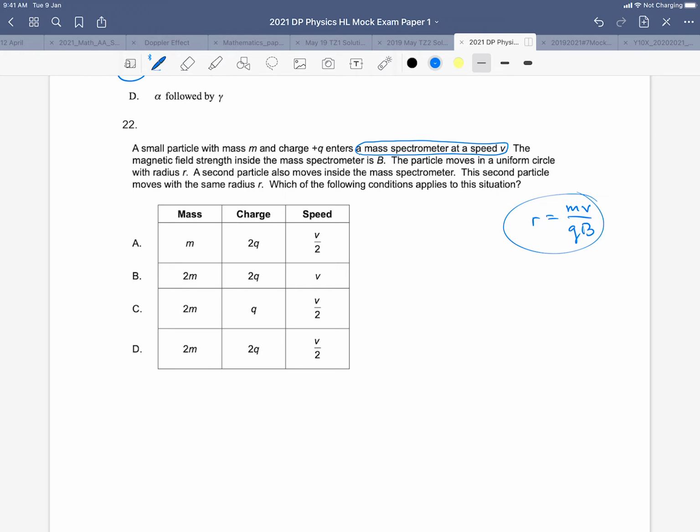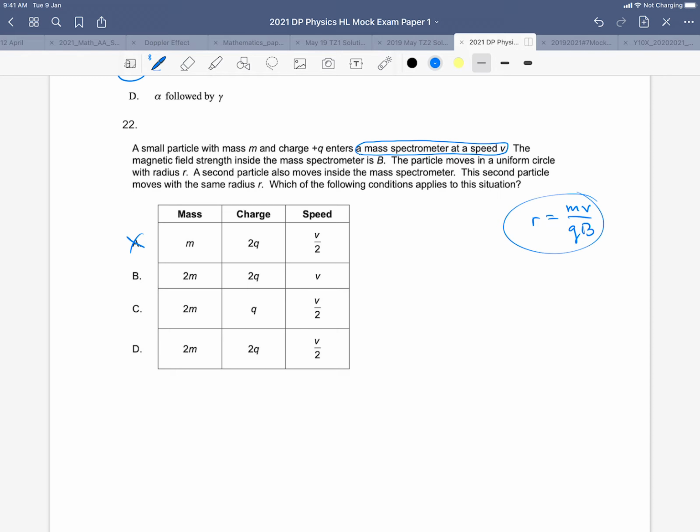So let's see. We have now a second particle also moving inside the mass spectrometer. The second particle moves with the same radius. But which of the conditions then apply to this situation? Well, we need the same radius. So we can see that A definitely doesn't work.